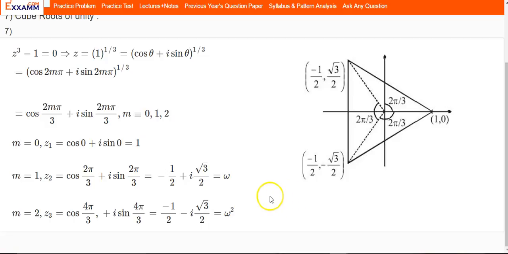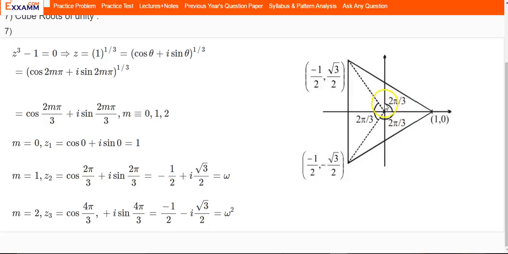Now how do we represent these two roots and the unit value on an Argand plane? 1, 0 is very easy to represent. It is here, and the minus 1 by 2, root 3 by 2, it would be here, and we know that the argument of this particular number is 2π by 3. So 2π by 3 is this angle.